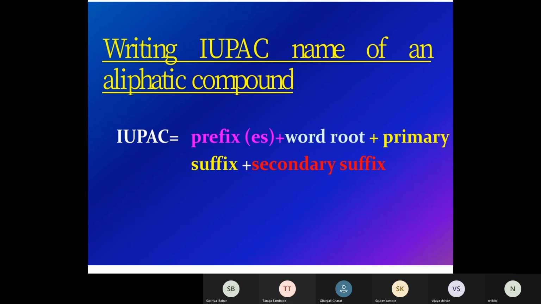This IUPAC naming system is divided into four parts: first comes the prefix, then the word root, then the primary suffix, then the secondary suffix.